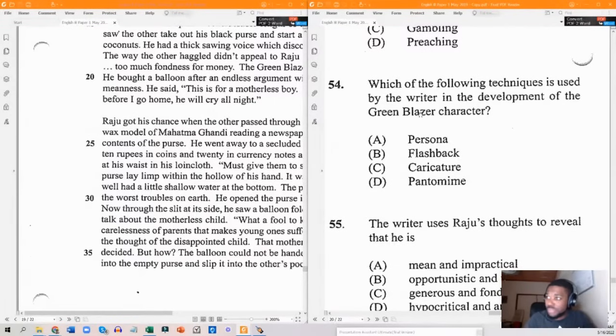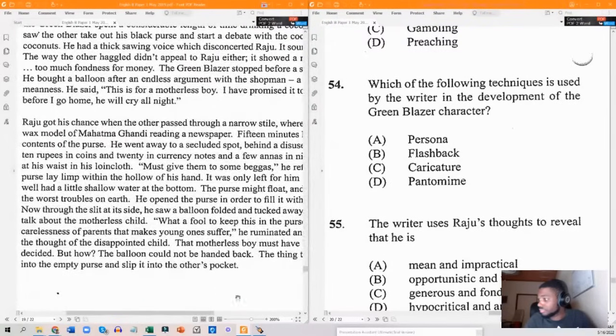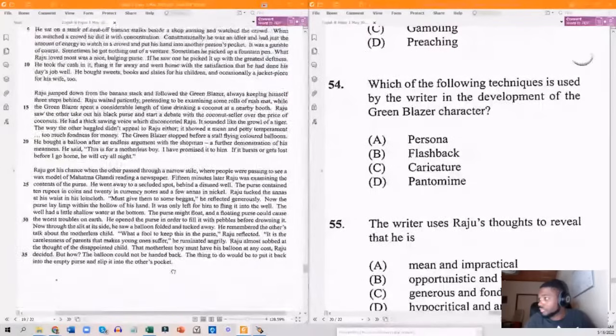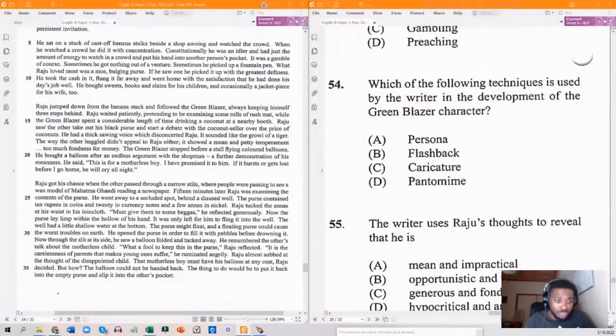Which of the following techniques is used by the writer in the development of the green blazer character? Okay, I'm moving quickly, so I'm not going to wait for everyone to answer. 54 is C. Caricature. And I can hear some persons asking, what is a caricature?